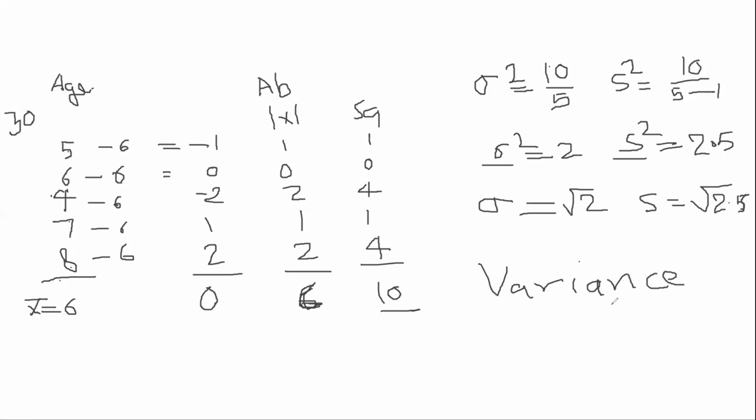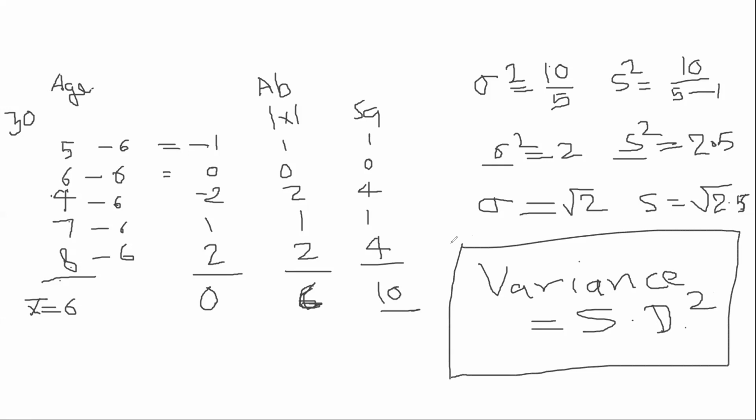If variance is given, you can just take the square root and get the standard deviation. Standard deviation square is the variance, or vice versa. So this is the formula.